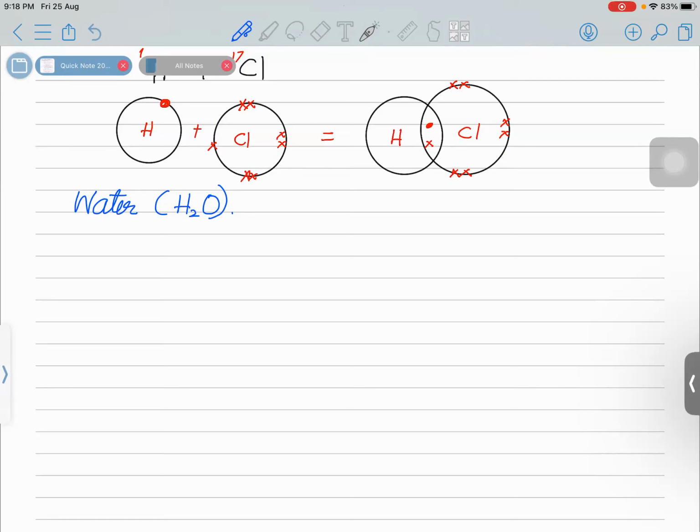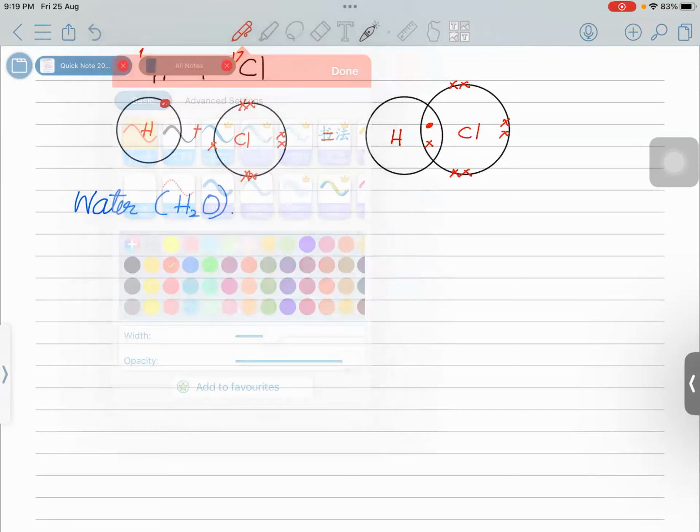Sir, there will be two hydrogen atoms and one oxygen atom. Very good.